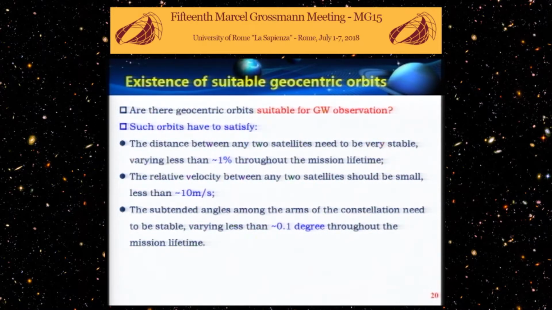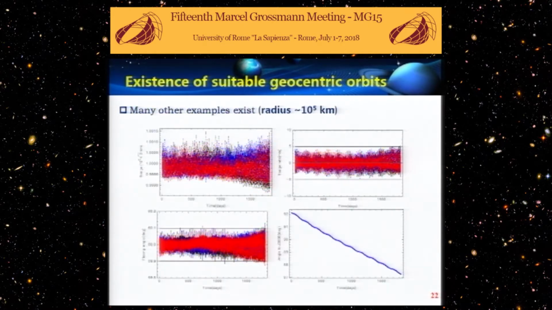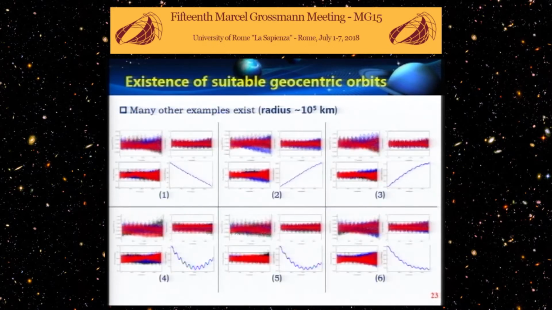The second is that the relative speed is very small, otherwise we would face the Doppler shift effect. And also the angle between the two lines is kept constant. So we are lucky to find an orbit like that. Finally, not only one such orbit, but several or many orbits are possible. We have found that one.